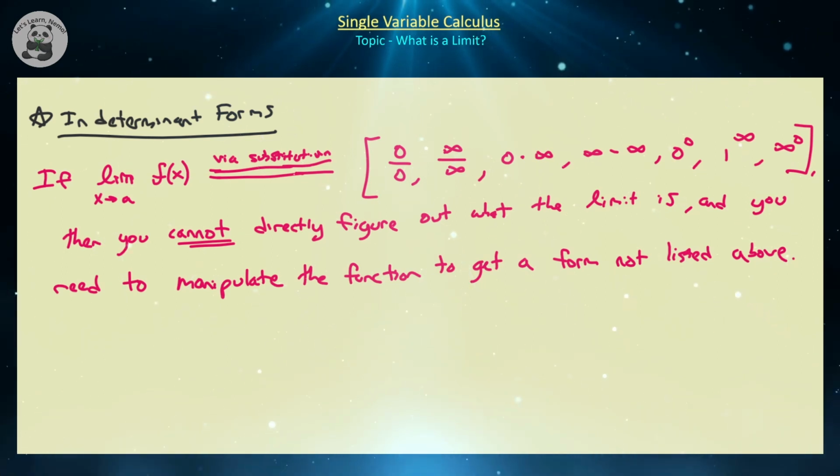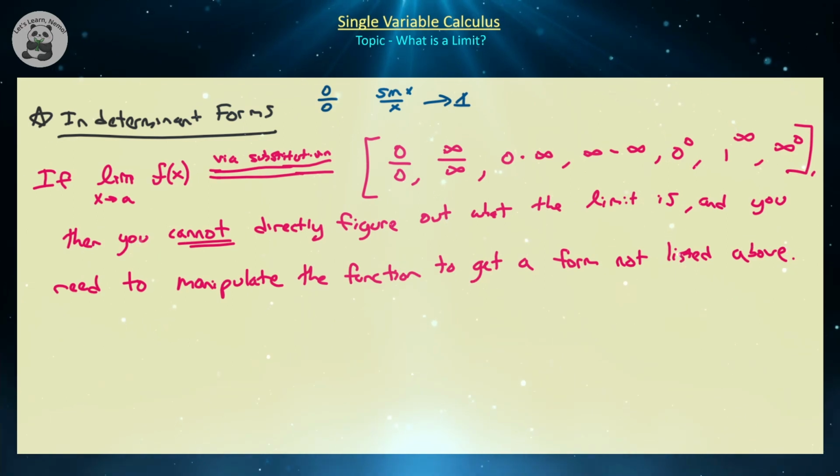So if you plug in a number into the potential domain of the function, for example, sine x over x, which we know gets closer and closer to 1 as x gets closer and closer to 0. But sine of x gets closer to 0 and x gets closer to 0. So we say that sine of x over x gets closer and closer to the indeterminate form 0 divided by 0. And we know that 0 divided by 0 doesn't exist. Therefore, we have to do some clever tricks to figure out that it's actually equal to 1, right?